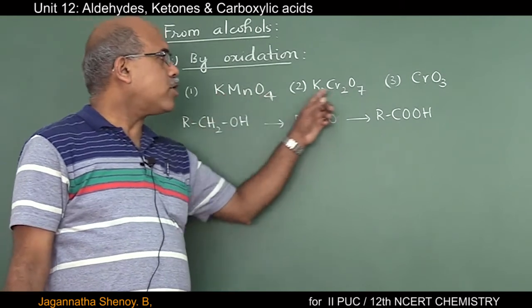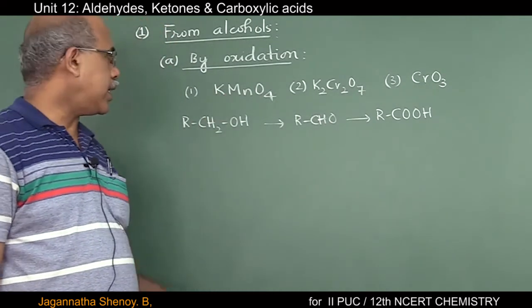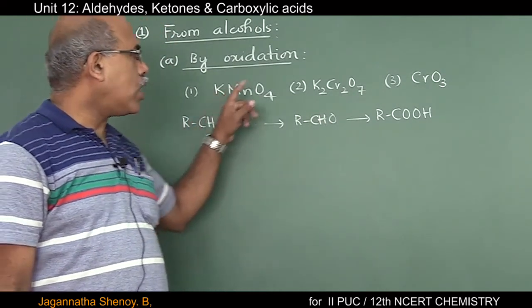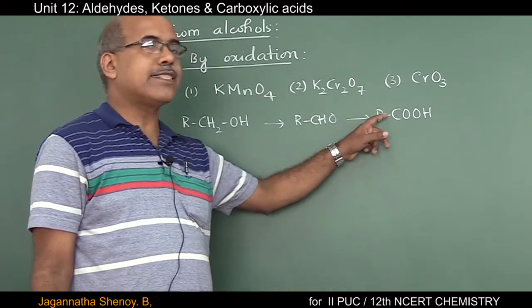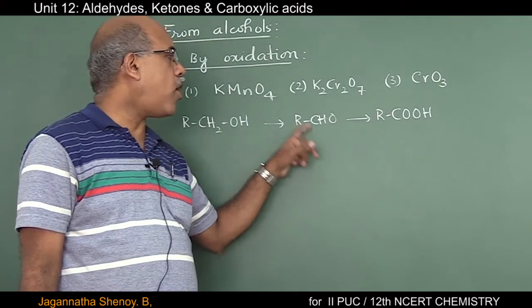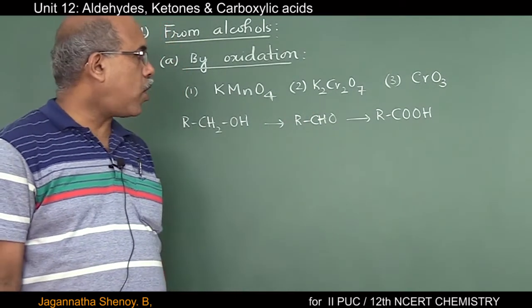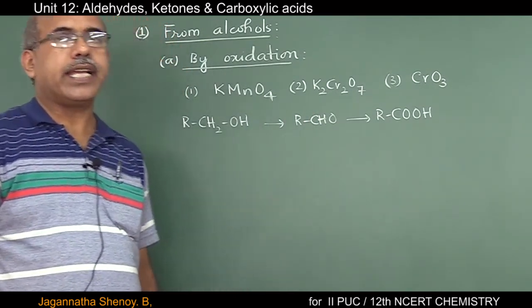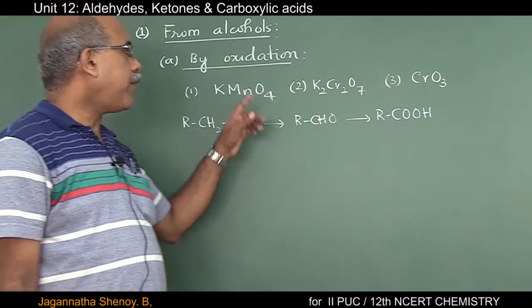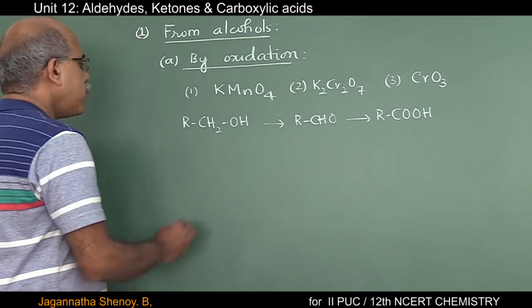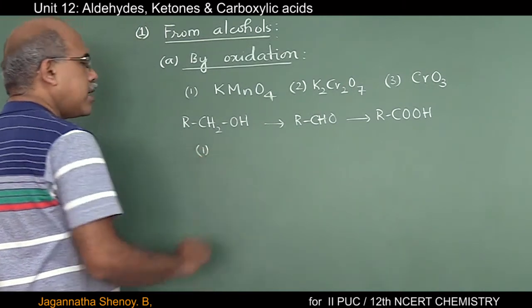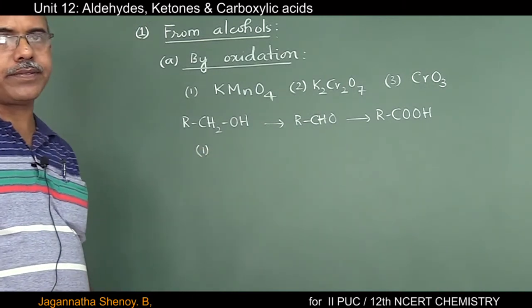Now, if you make use of these powerful oxidizing agents, primary alcohol directly gets oxidized to carboxylic acid and it is not possible to stop the oxidation at the aldehydic stage. So if I have to stop the oxidation at the aldehydic stage, I have to make use of one of these two oxidizing agents.